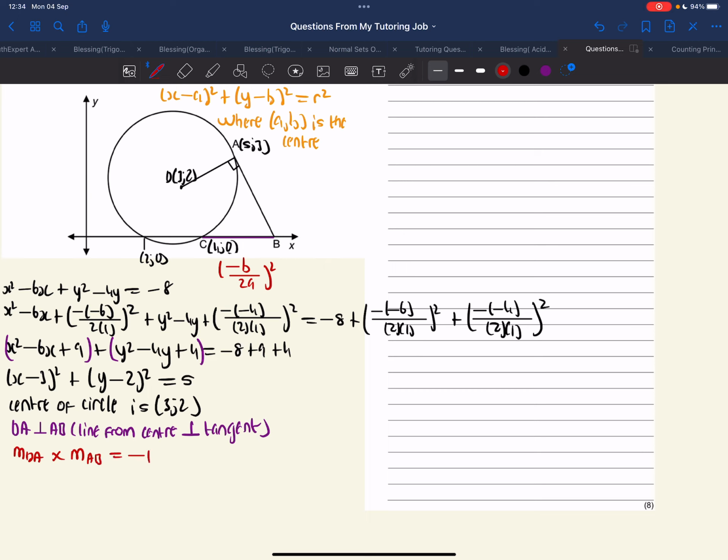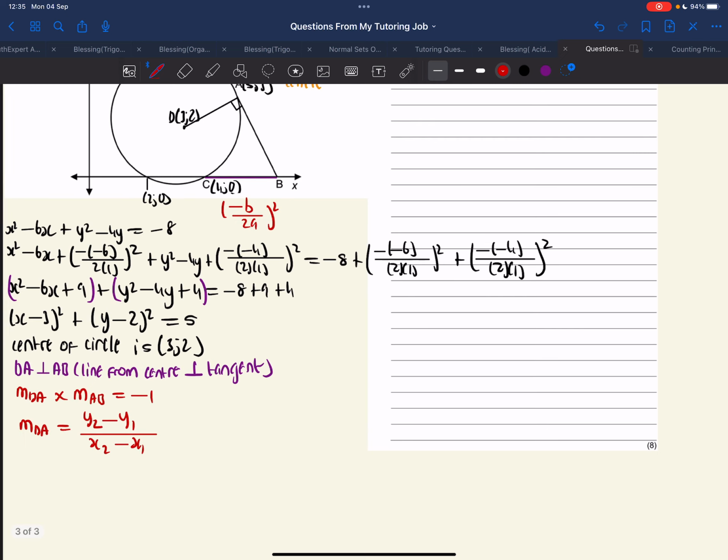All right, so for me to find the gradient of AB, I'm going to need to find the gradient of DA. Now for me to find the gradient of DA, I'm going to use the formula y2 minus y1 all over x2 minus x1.